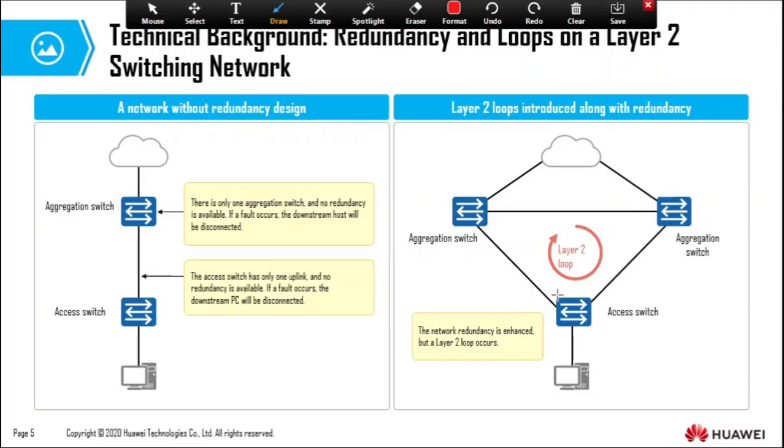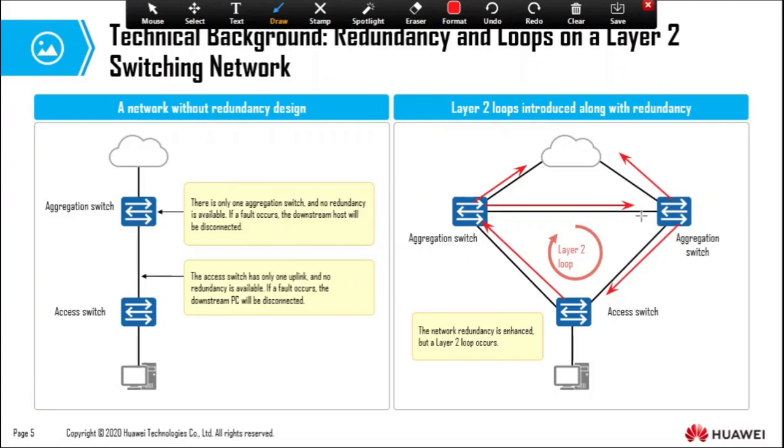Because if a broadcast packet is sent to this switch, it will send it out like that, and also like this. When this one receives it, it's going to send it like that, but also like this. So you can see that we already have a loop. That's how a loop can occur.